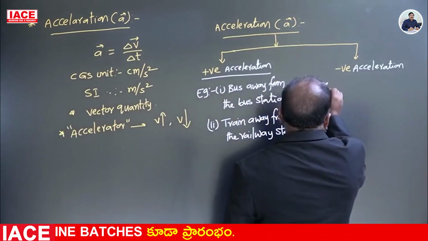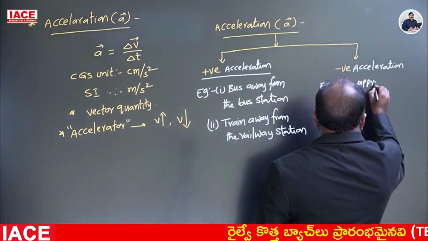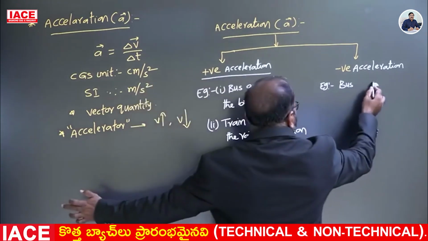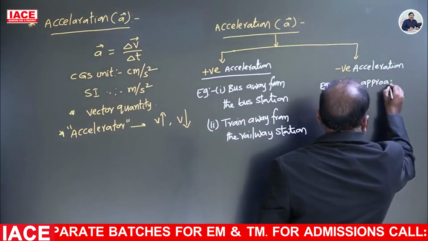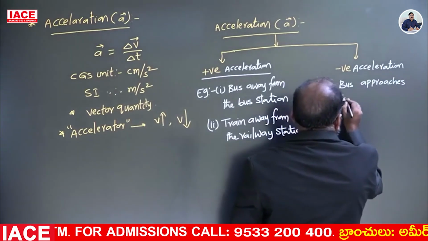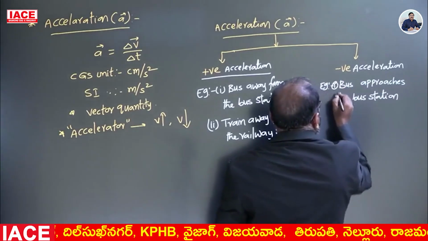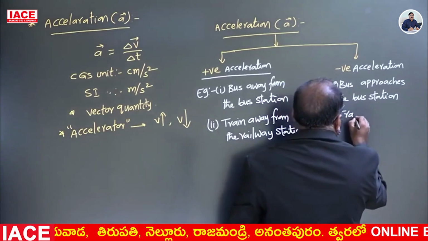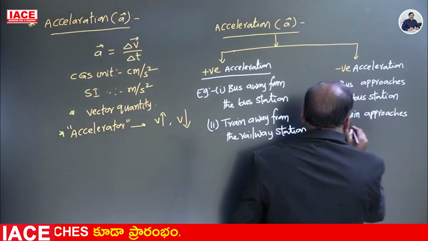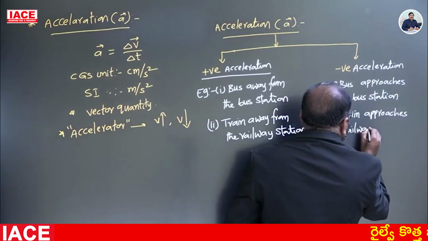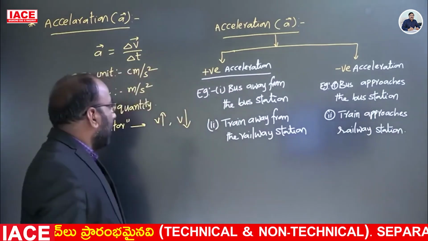If the train or bus approaches the bus station, or the train approaches the railway station, its acceleration is negative. These are the two types.